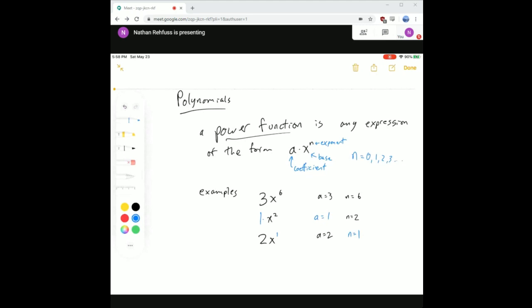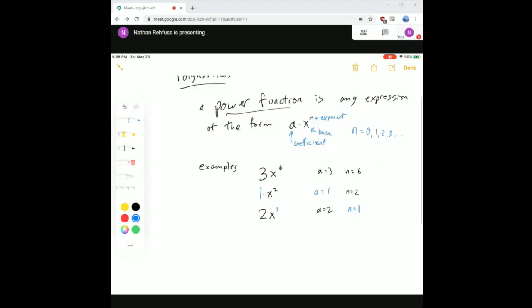Here's one more power function. This one's going to be real goofy. 5. That's it. That's the whole power function. The coefficient is the 5. Well, what's going on here? There's nothing to the right of the 5. Well, I know that any number to the 0 power is just 1, yeah?